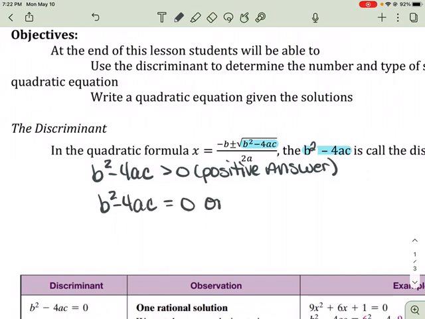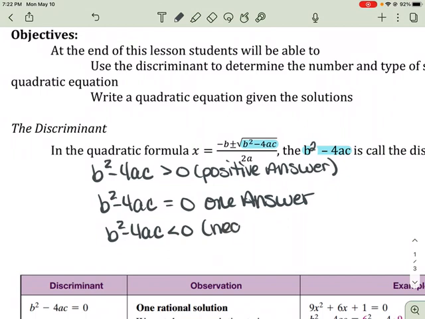That means there's one answer, and that answer is going to be rational. And there's a b squared minus 4ac that could be less than 0, which means we have a negative answer, which means our answer is with i. We call those imaginaries.